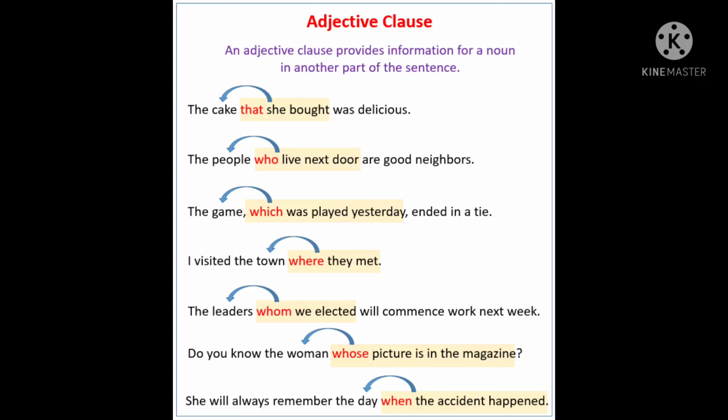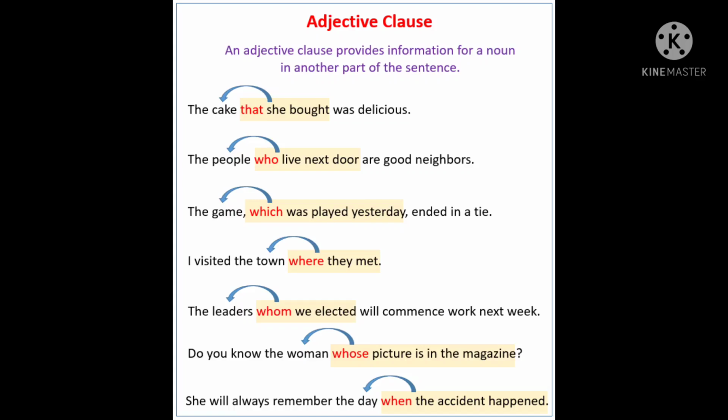The word who refers to woman. The second example, Delhi is the city where I was born. Where refers to Delhi. Third example, the diary which is black is mine. The word which refers to the diary.